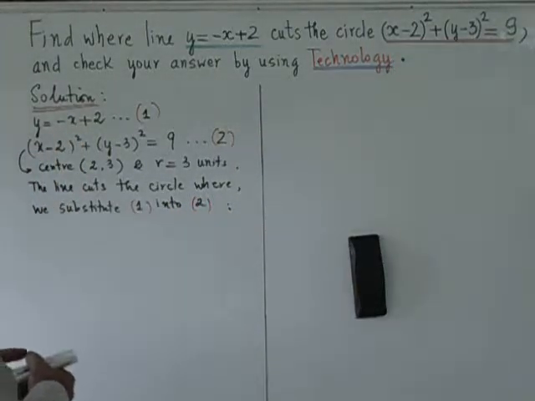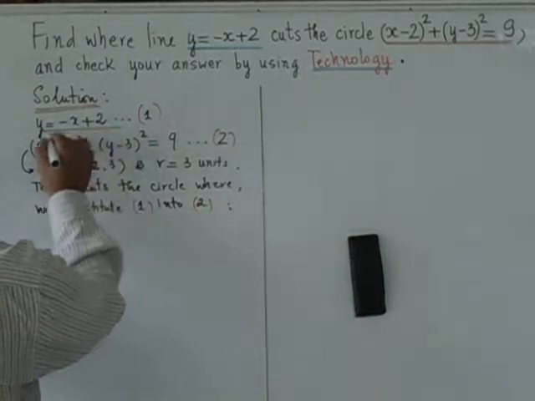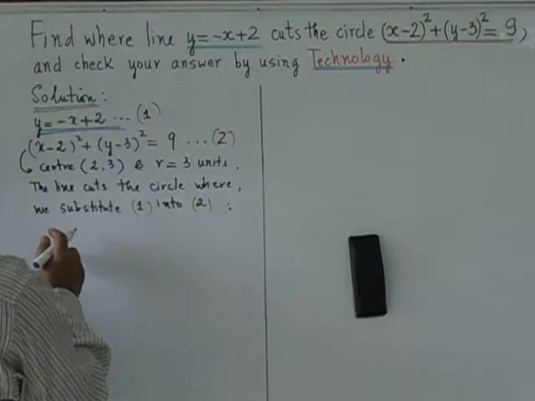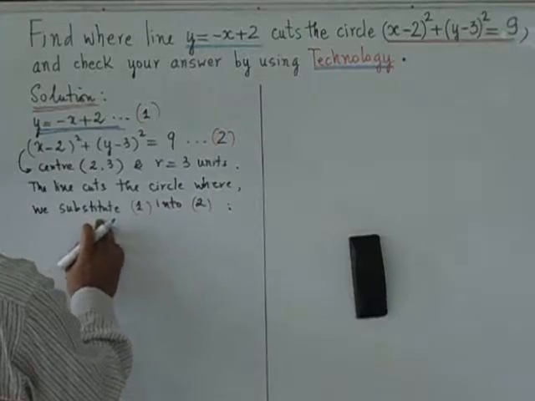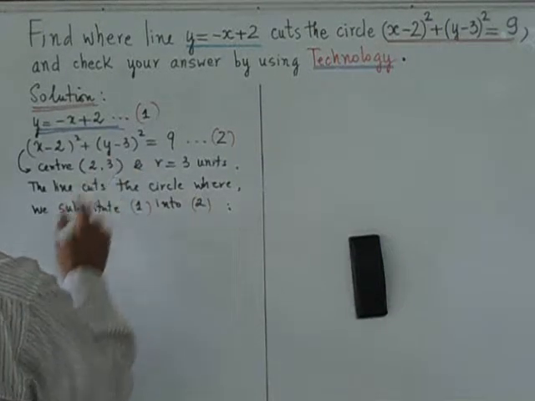The line y equals minus x plus 2 cuts the circle when we substitute 1 into 2.